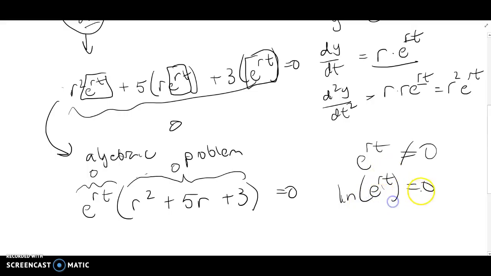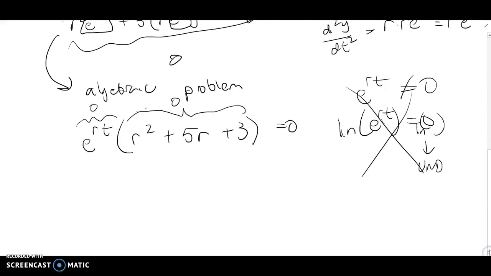The natural log of e^(rt), and then I need to take the natural log of 0. But wait a minute, the natural log of 0 is undefined. We can't take the natural log of 0, so that is a proof for why e^(rt) can never be 0. e^(rt) can at best be a decaying function that approaches 0 in the long run but never reaches it.